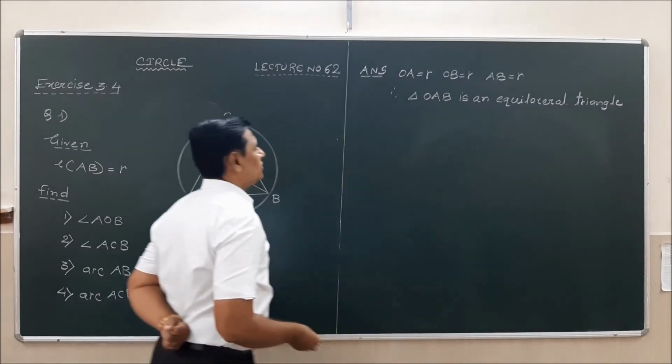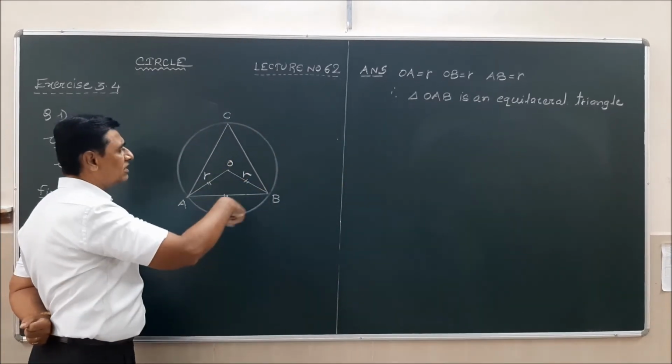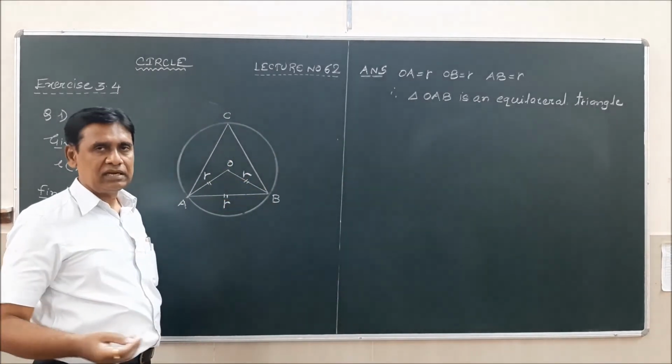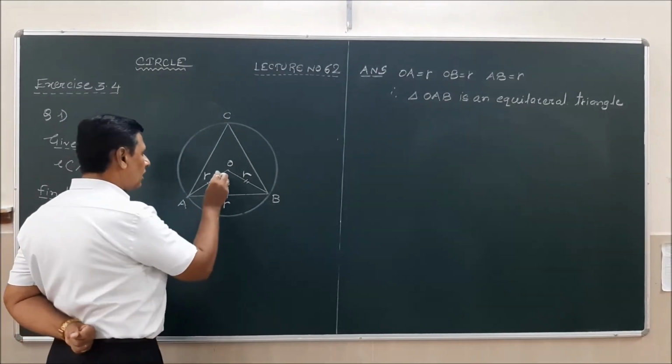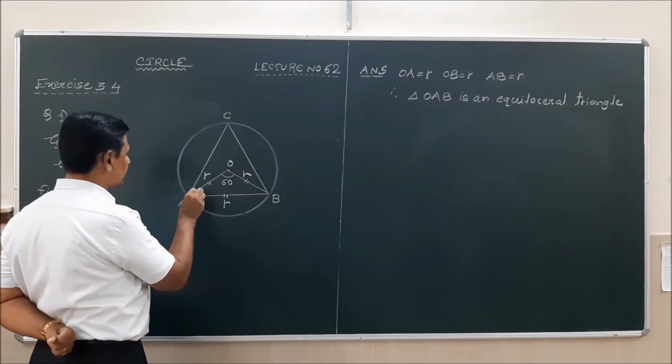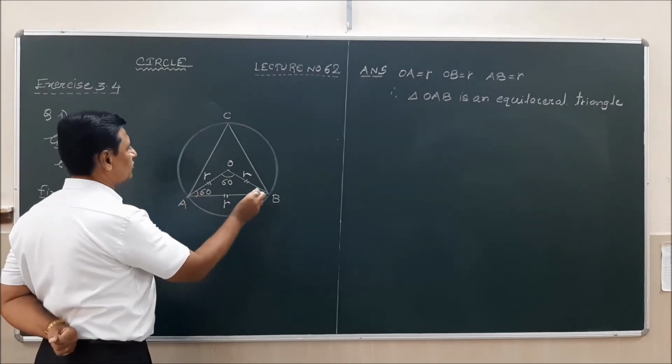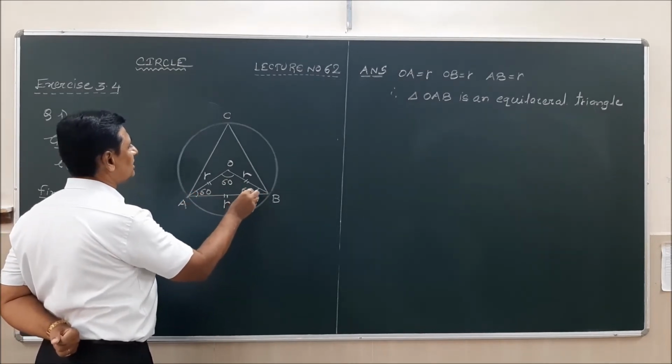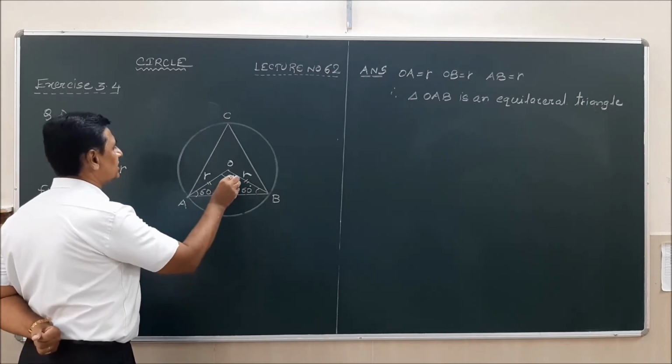You all know the definition of the equilateral triangle. If all three sides are congruent, then it becomes an equilateral triangle. Now, if it becomes an equilateral triangle, this angle is 60 degrees, this angle is 60 degrees, as well as this angle is also 60 degrees.